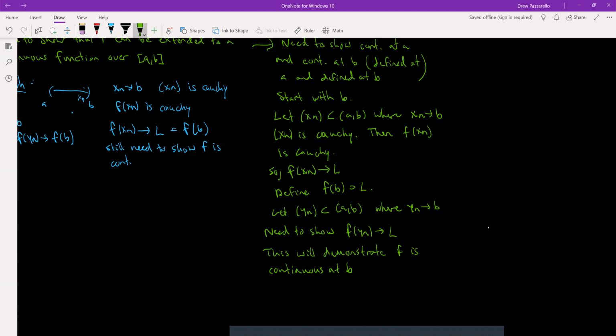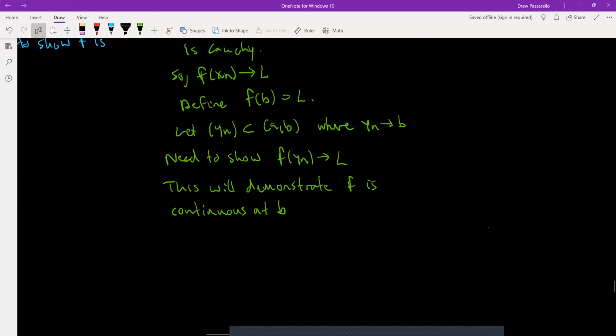And since f of xn is Cauchy, f of xn converges to some value L. Define f of b to equal this value L. Let yn be a sequence in (a, b) where yn converges to b. We need to show that f of yn also converges to L, and that will demonstrate that f is continuous at b. All right, so that's what we've done so far.